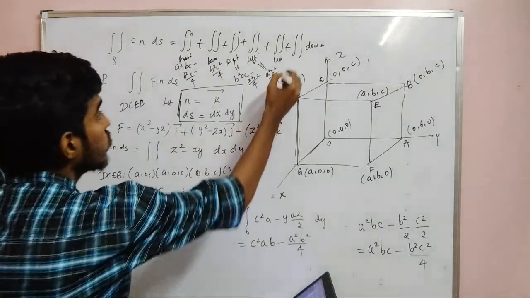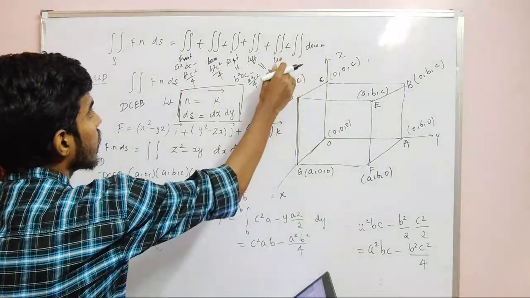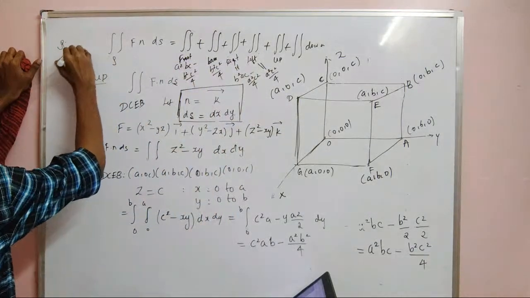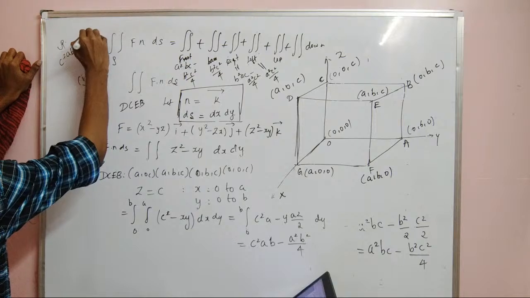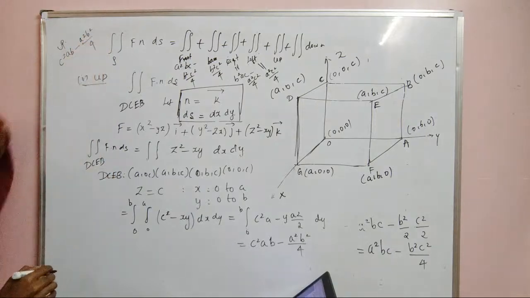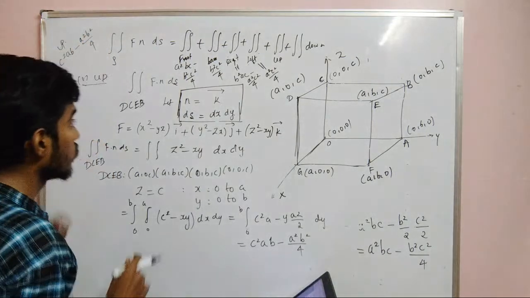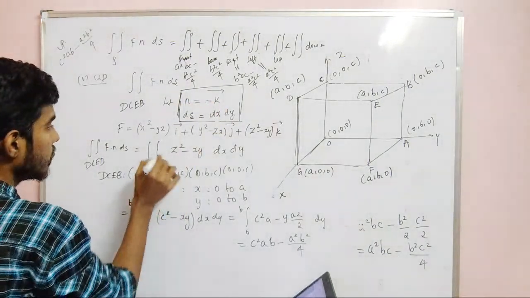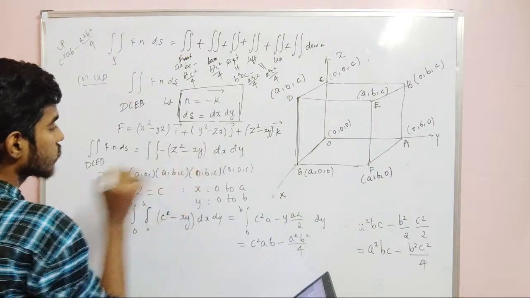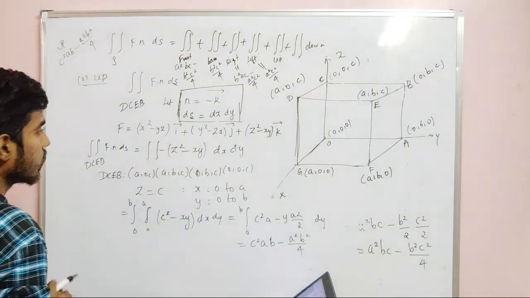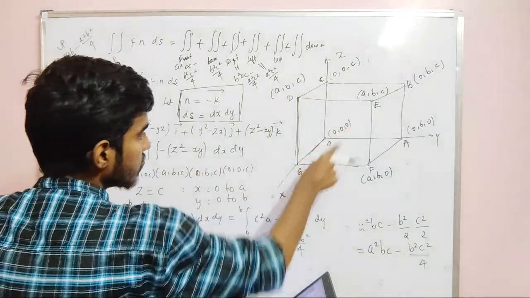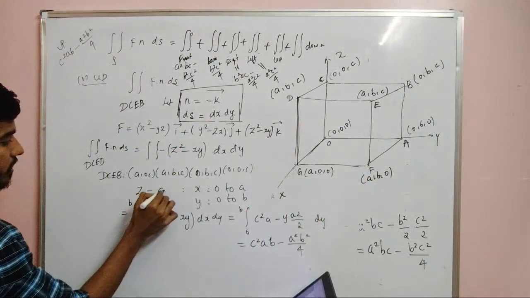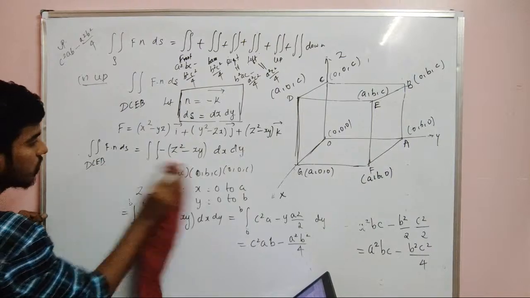So up value is c square ab minus a square b square by 4. Now we need to find down. So down is minus k, and this will be minus of z square minus xy, and for down you can see z is 0.